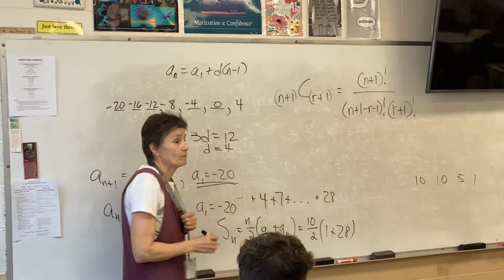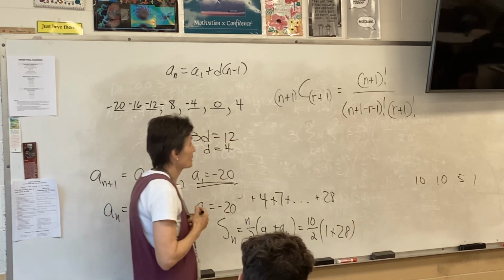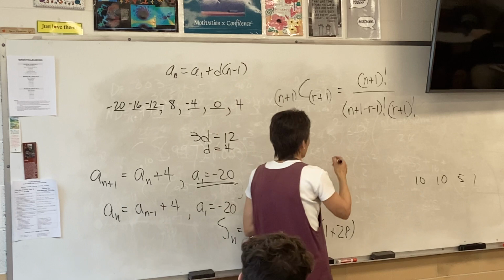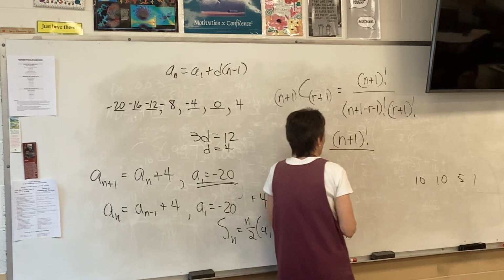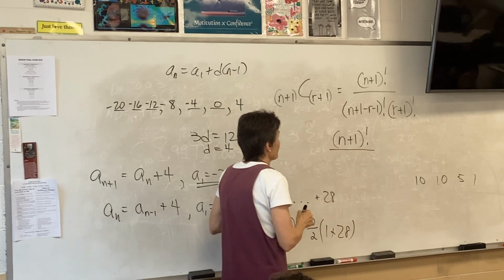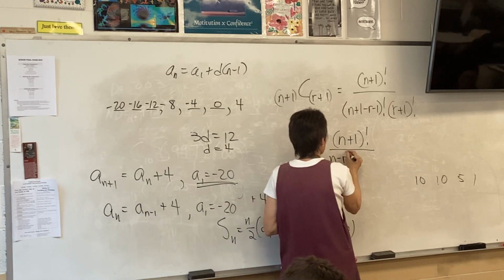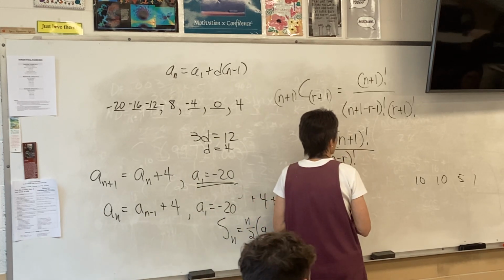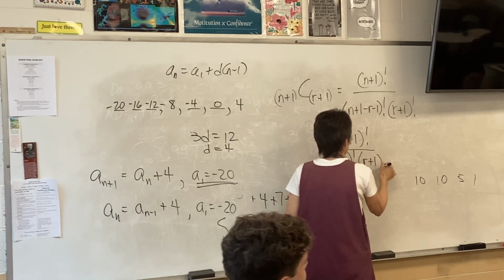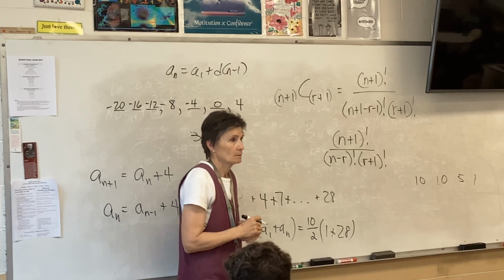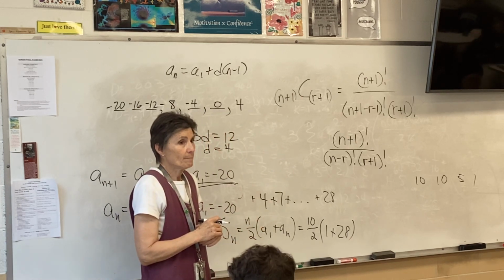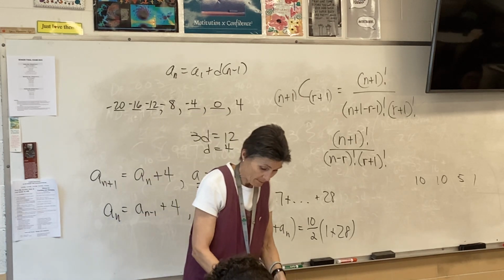That's the combination formula. So we have n plus 1 factorial over what? What do we have in the bottom? n minus r factorial, r plus 1. Okay? All right, what else do we need to look at?